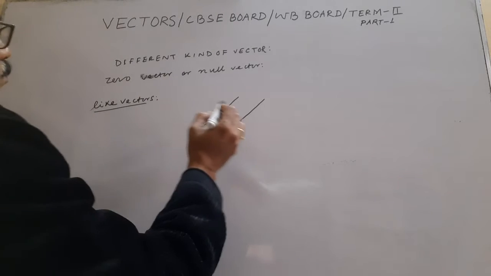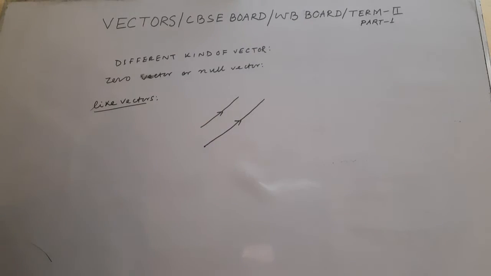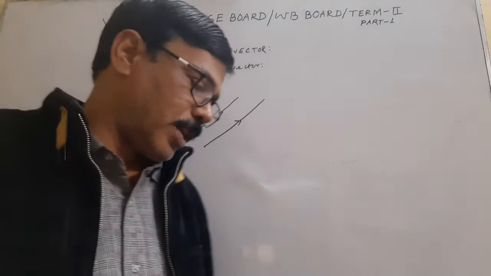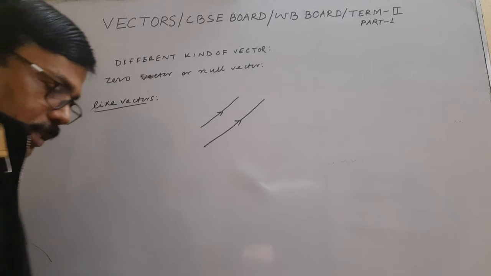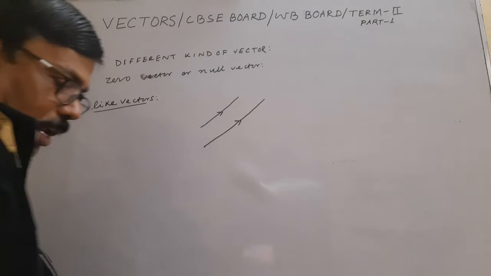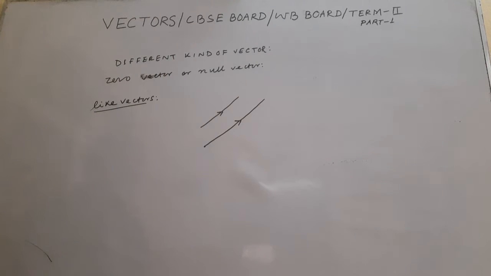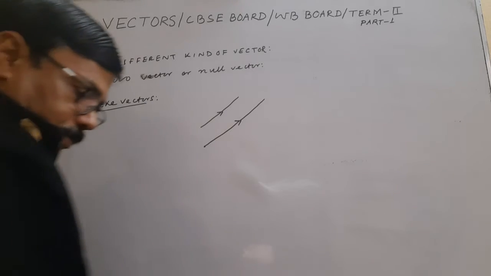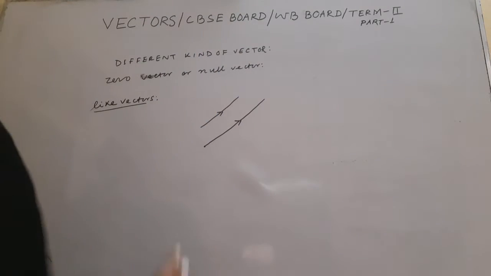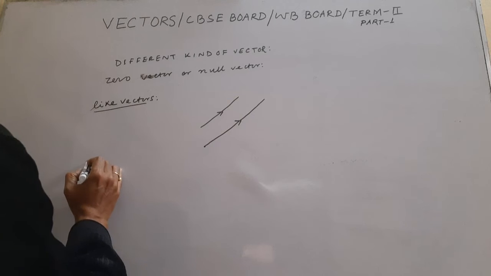Vectors having the same direction are called like vectors.